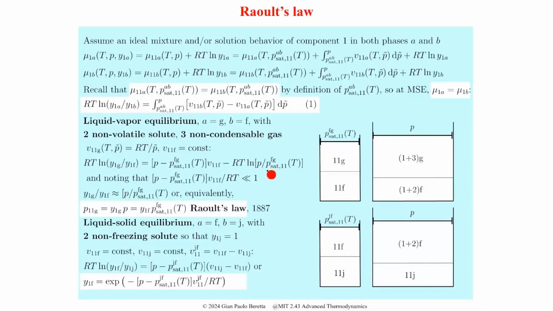Now it turns out that this term here is much smaller than 1, and therefore much smaller than this other value, which is the logarithm of RT times the logarithm.